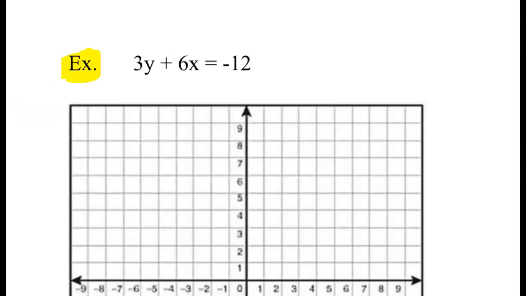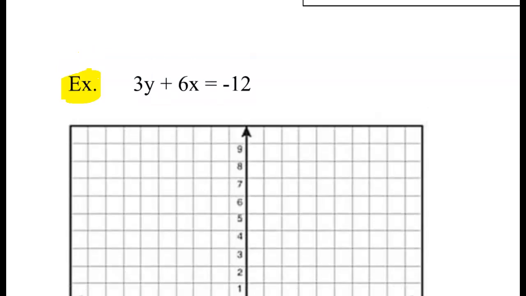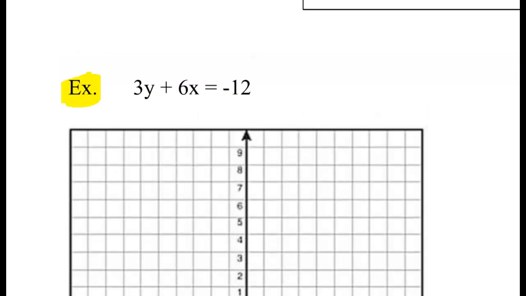Same kind of thing here. We're going to take 0 and substitute it in for both x and y in order to find the other intercept. As you saw before, if you substitute 0 in for a term, that term disappears. So another way you could think about this is you're going to have one equation with just the x variable, 6x equals -12.